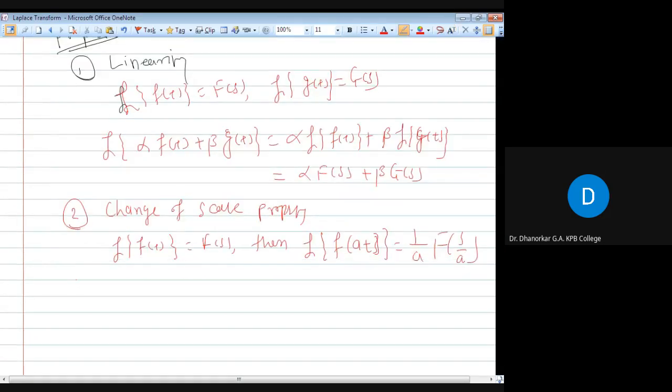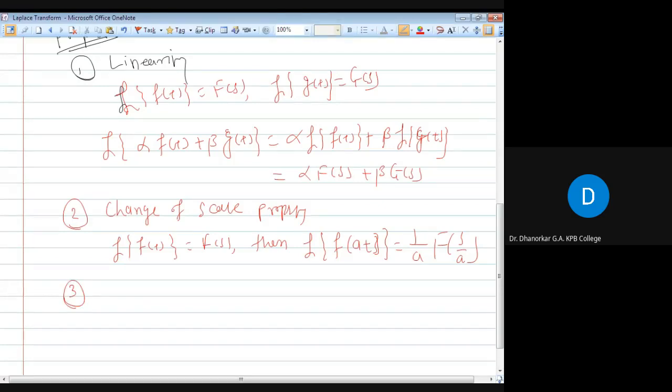The next property is the shifting property, the shifting property in the s domain. Now we have studied the shifting property. What is the shifting property? Again, I will write here that the Laplace transform of f of t is F of s.